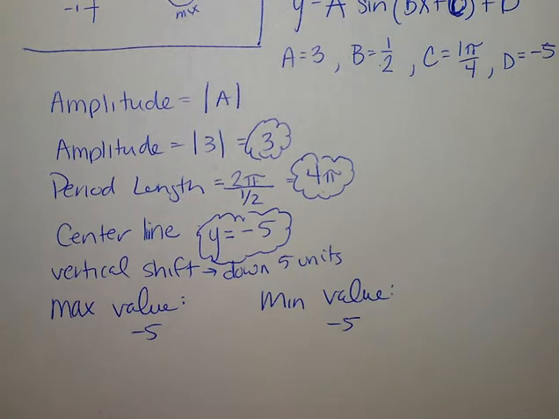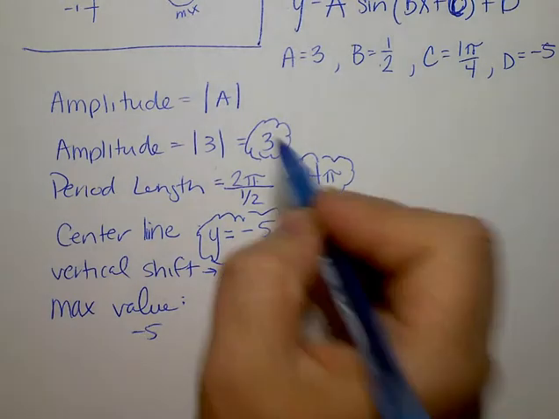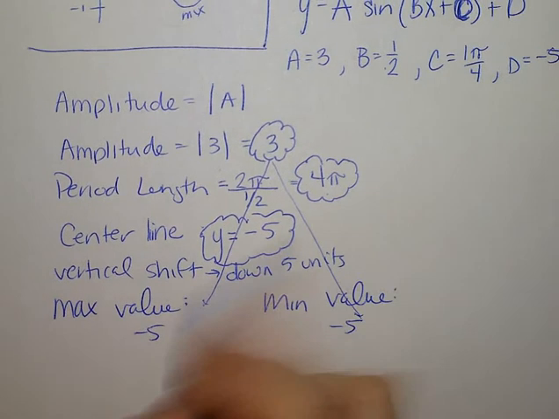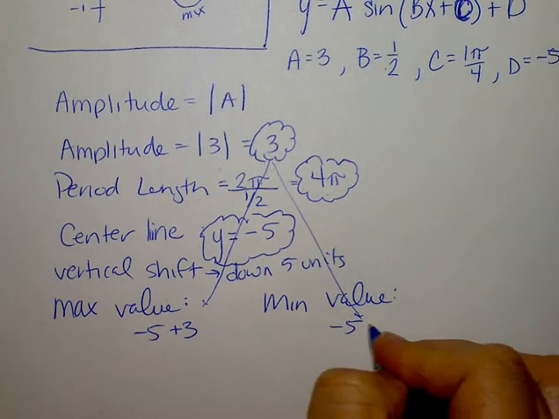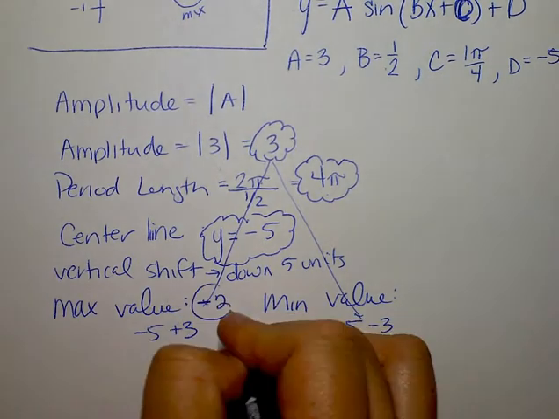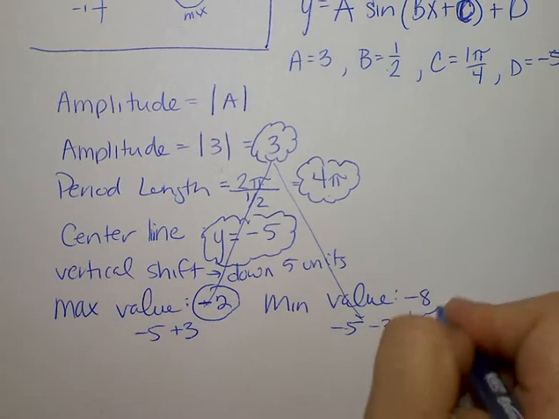That will identify the y value that represents the maximum value and the y value that represents the minimum value. So I'm taking this 3 and I'm just going to draw a little arrow so we know where this is coming from. And I'm going to go +3 and -3. That means the maximum value will be -2. And the minimum value will be -8.